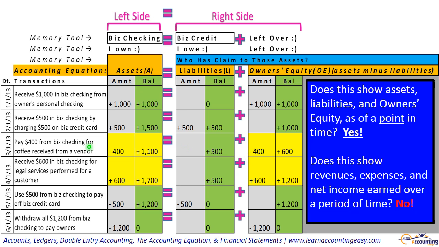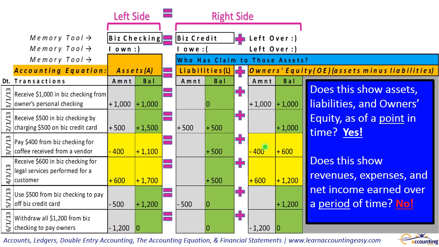Now, when we look at the descriptions here, we can see that yes, this is revenue, because as we learned earlier, when we sell goods and services to customers, that's revenue. So this 600 is revenue, so we know that from the description. And then from this description, we can see, since we paid out money to a vendor for services or goods, that is an expense.